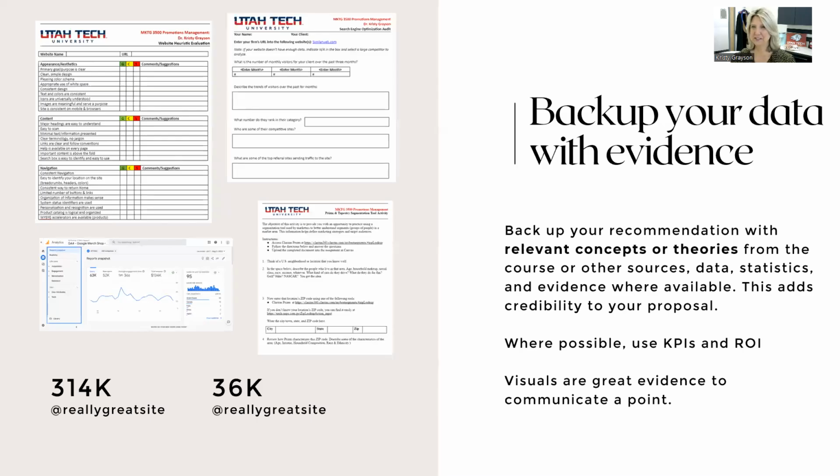After you've presented the information, you definitely want to back up your data with evidence. Throughout our course, we have a number of different concepts and theories, based on the assignment you're creating, that will help you analyze each of the components. For example, in the brand identity assignment, you have the brand identity guide. You can use the concepts you've learned in class, maybe the science behind color or typography.